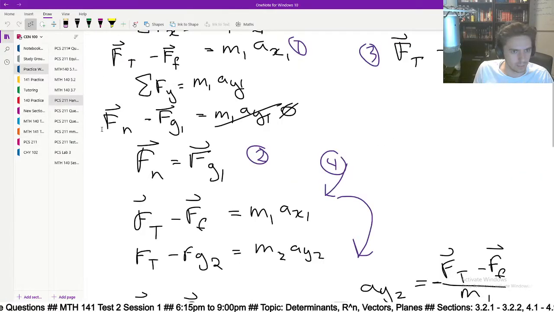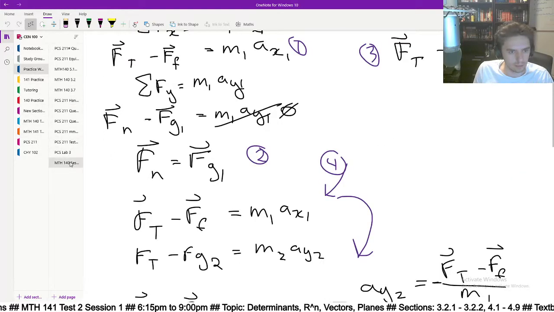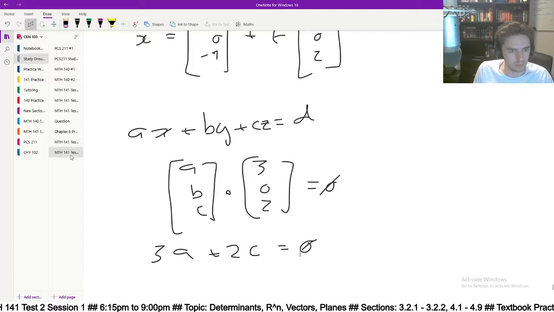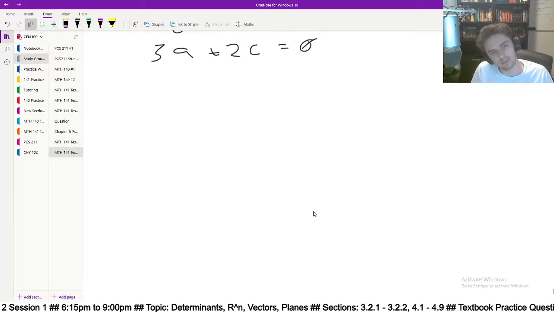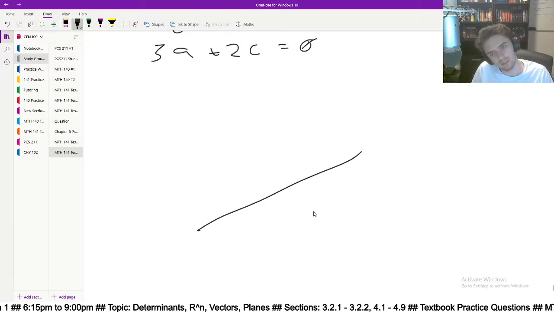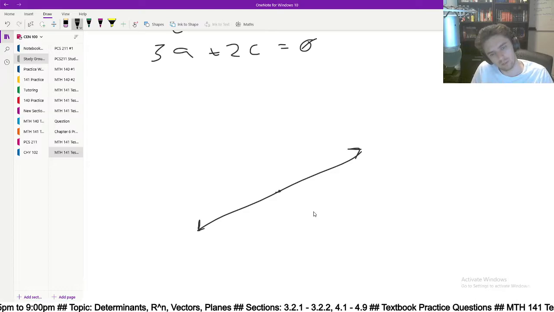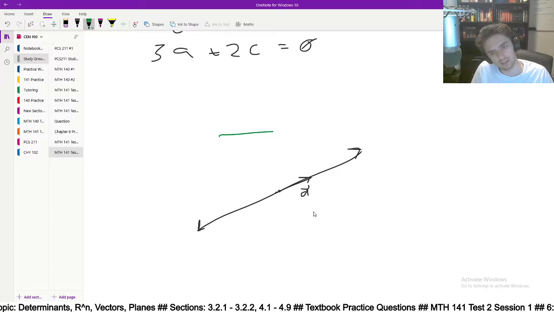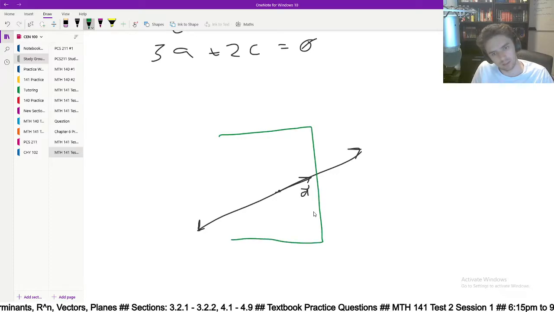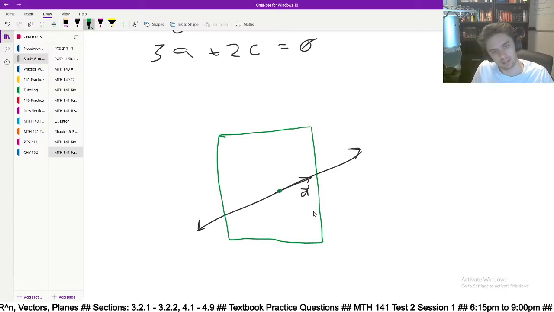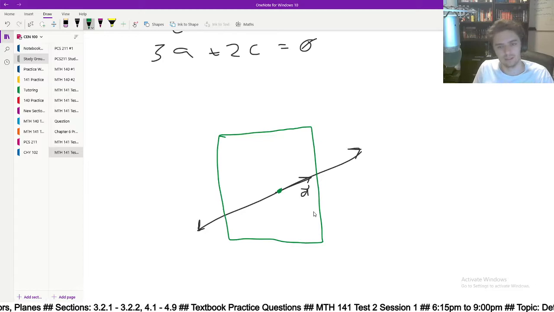We have a line with a direction vector d. We want all the planes perpendicular to it. Well, all that means is all the planes with a normal equal to the direction vector.